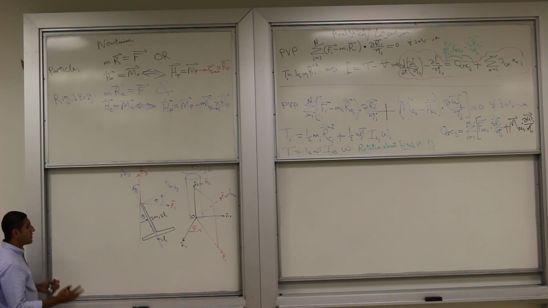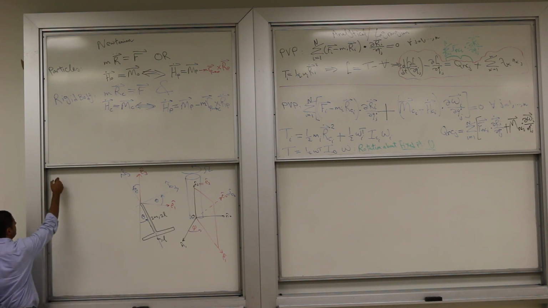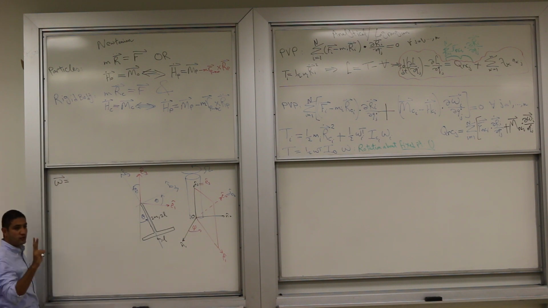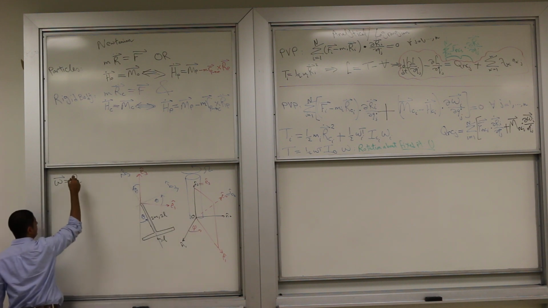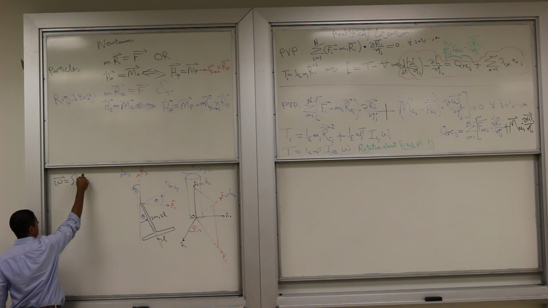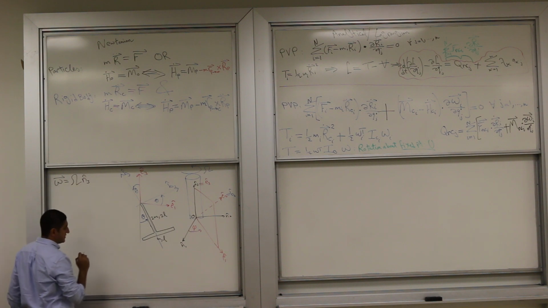Okay, let's compute the omega and the I and do this very simple calculation. So what's omega? You should be experts on this now. I have two rotations. What's the first rotation? Theta dot. It's omega about what axis? N3. And then the second rotation?